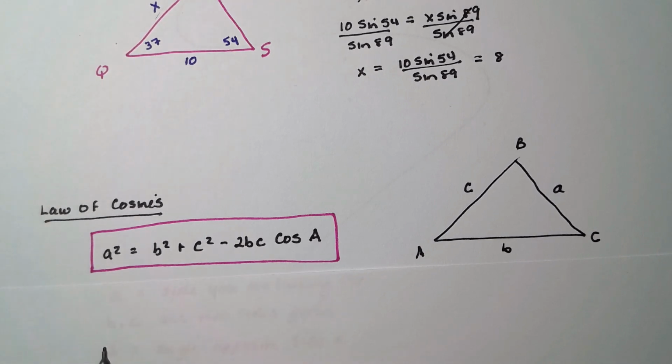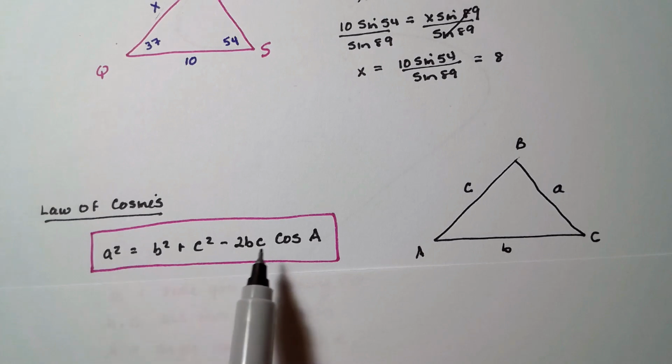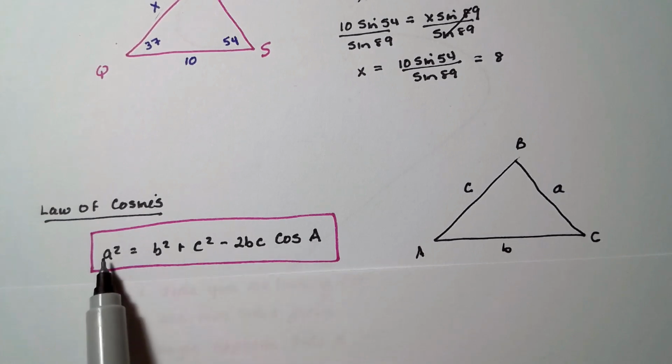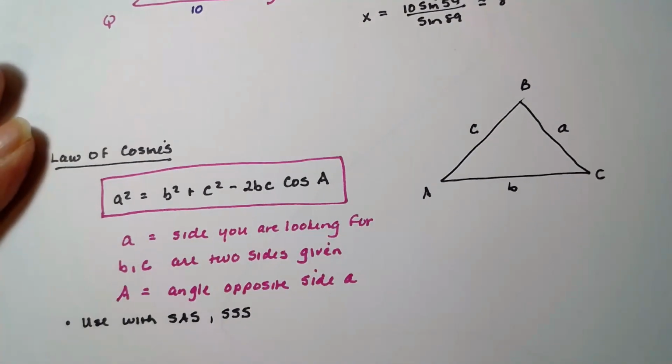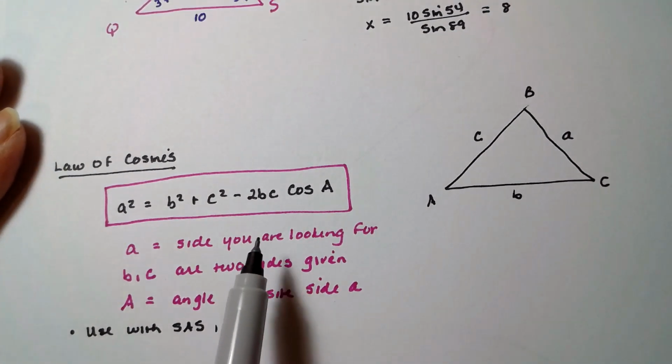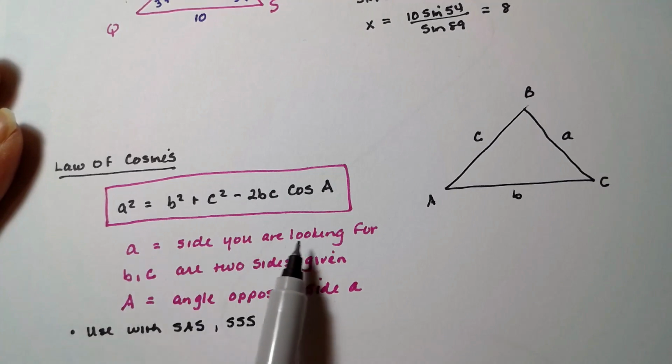That's if you're looking for a side. Also, this big A will always match the side you're looking for. It's always the side opposite. So this is little a and that's big A. So I just put some reminders down here of what I just said, that A is the side you're looking for.